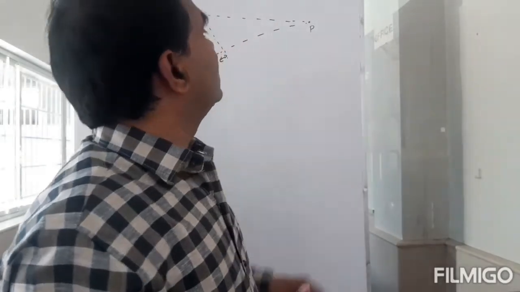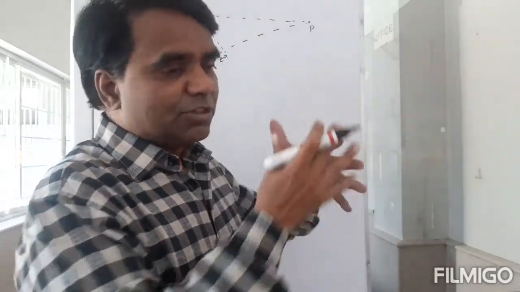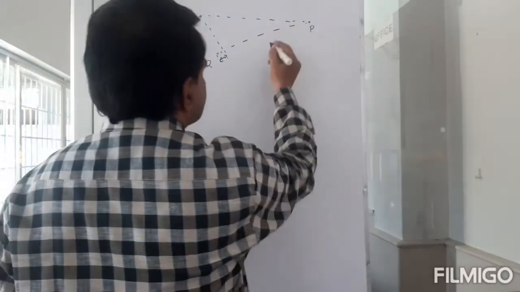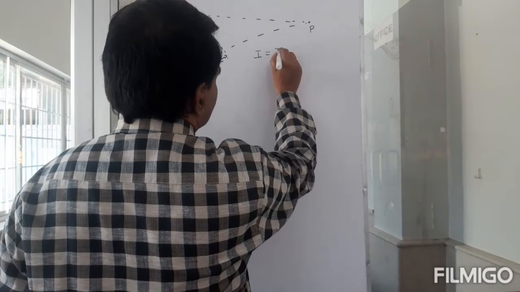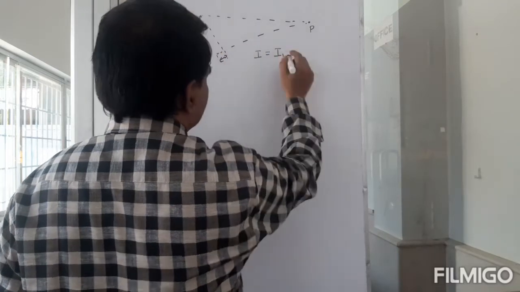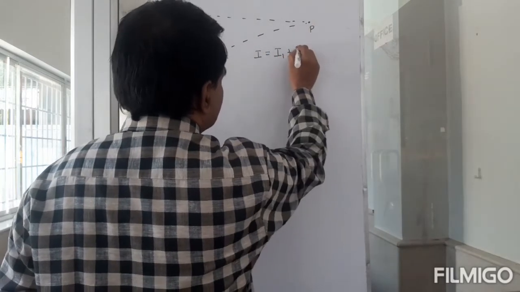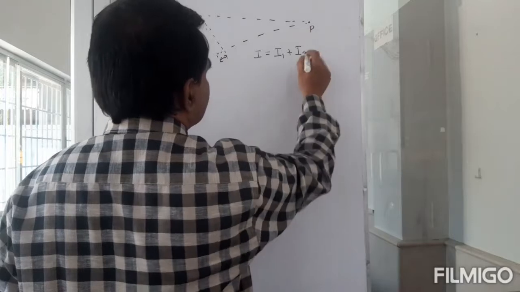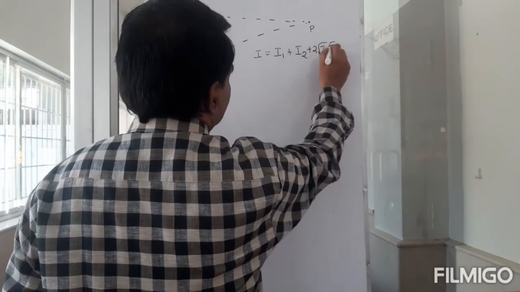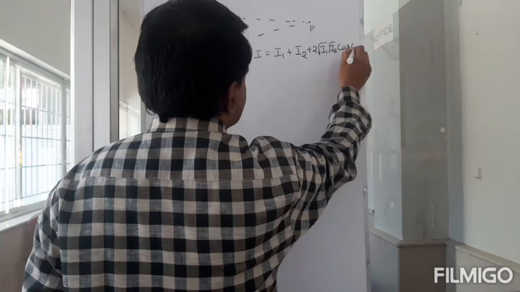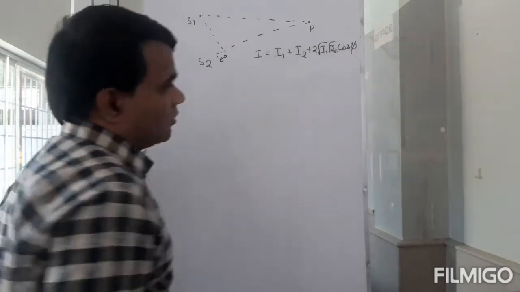From the path difference I can find the phase difference between these two waves, the angle at which they will interfere with each other. Okay. So we said the intensity I was equal to I1, the intensity of the first wave at this point, plus the intensity of the second wave at that point, I2, plus 2 root I1 root I2 cos phi, or theta, however you want to call it.